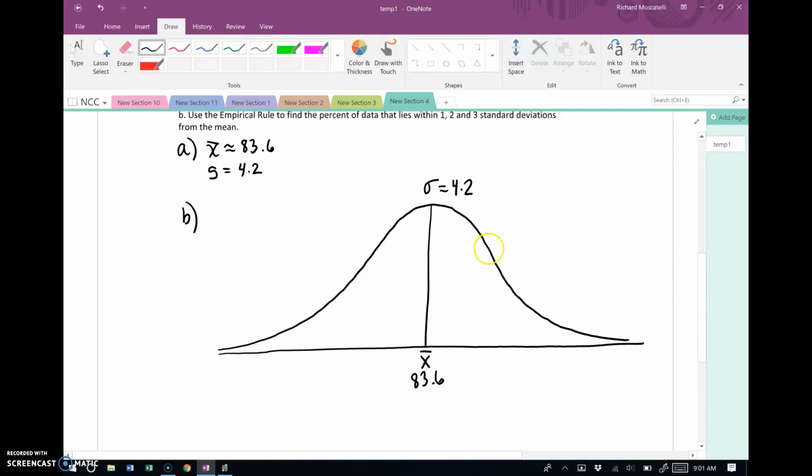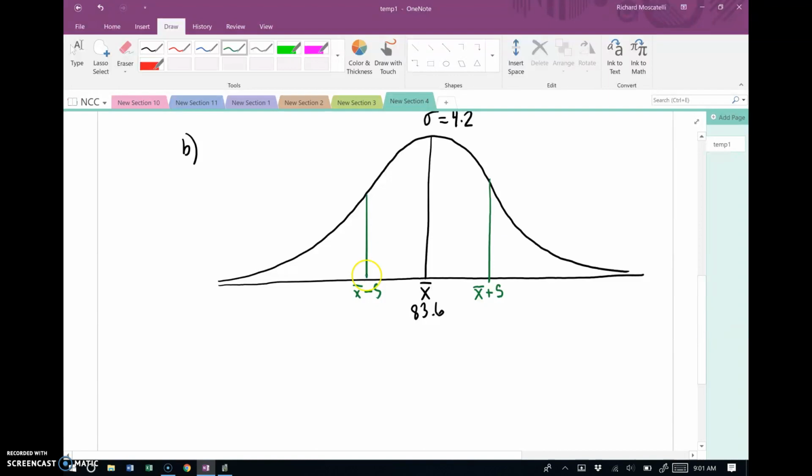If I stand at the center and walk to the right a distance of the standard deviation, in other words x bar plus s, and then back up that same distance, x bar minus s, the empirical rule says we should capture approximately 68% of the population. From here to here should be about 68% of the population.